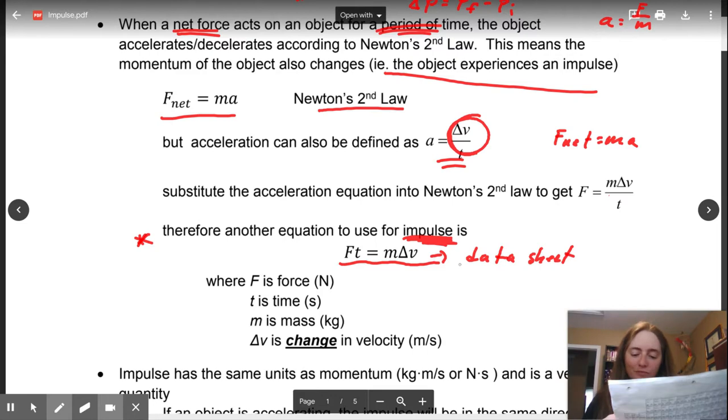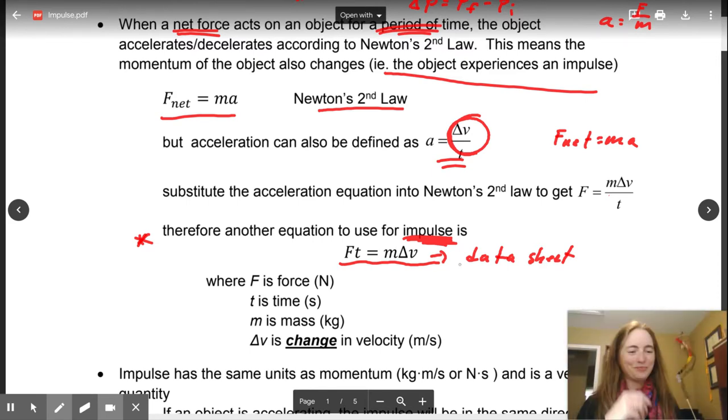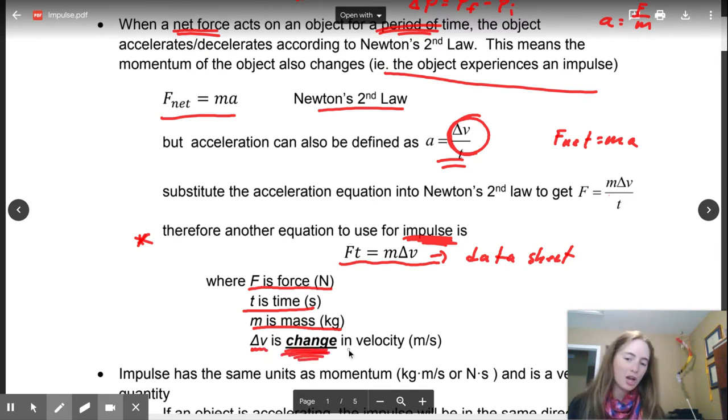So you can find that equation right here, right there on your data sheet, right underneath your momentum equation. Cool beans? All right. So, ladies and gentlemen, force is in newtons, time is in seconds, mass is in kilograms, delta v is the change in velocity.